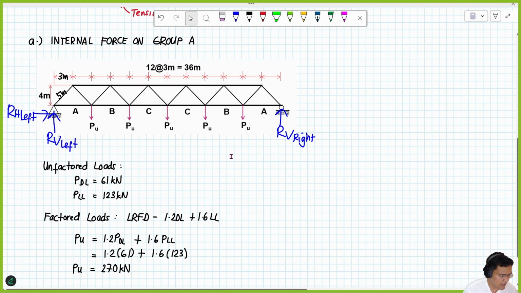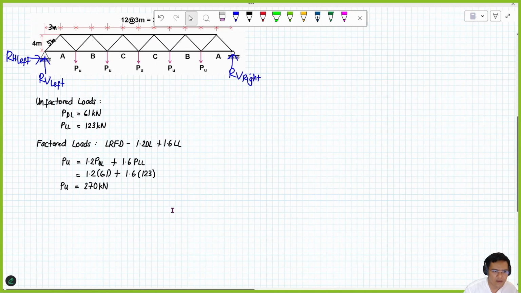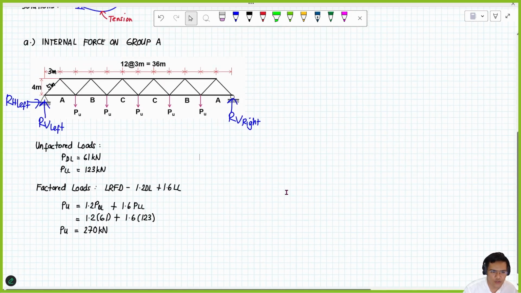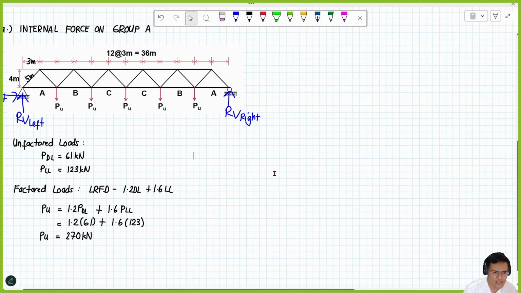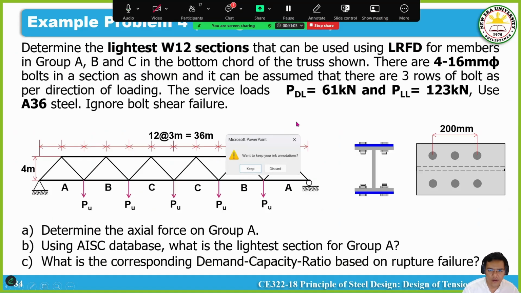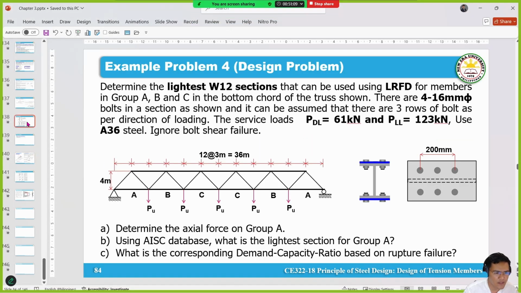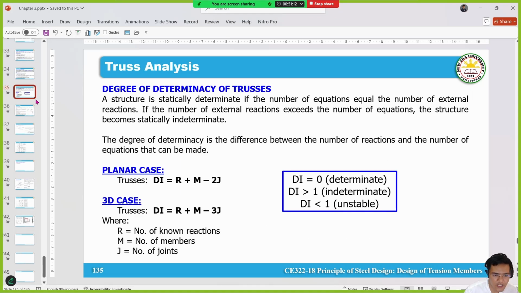And ang first step pala, by the way, in solving any truss problem is to check muna kung determinate ba or indeterminate, or check the degree of indeterminacy nung given truss mo. Yun yung magandang practice kasi if you would try to solve tapos indeterminate naman pala siya, so useless din. Quick recap lang tayo pagdating dito sa checking ng degree of indeterminacy for truss.